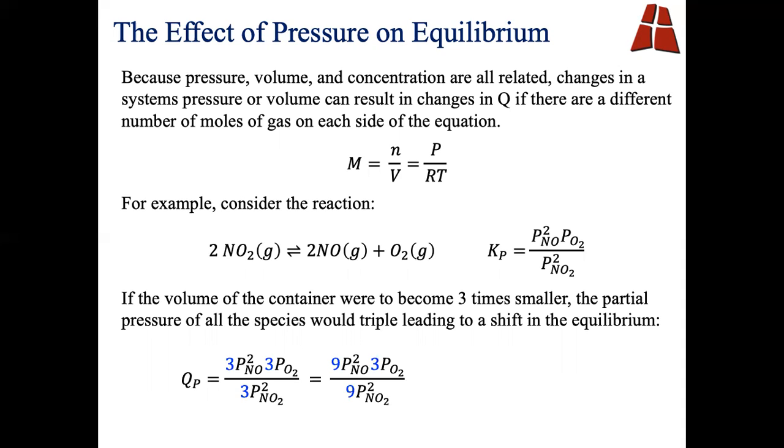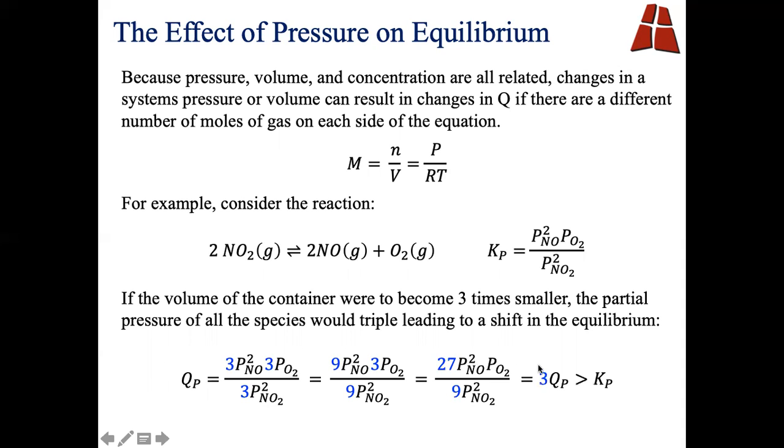And so if we square things, then these 3s turn into 9. Those come from the squared property right there. If we multiply our top, 3 times 9 is 27.